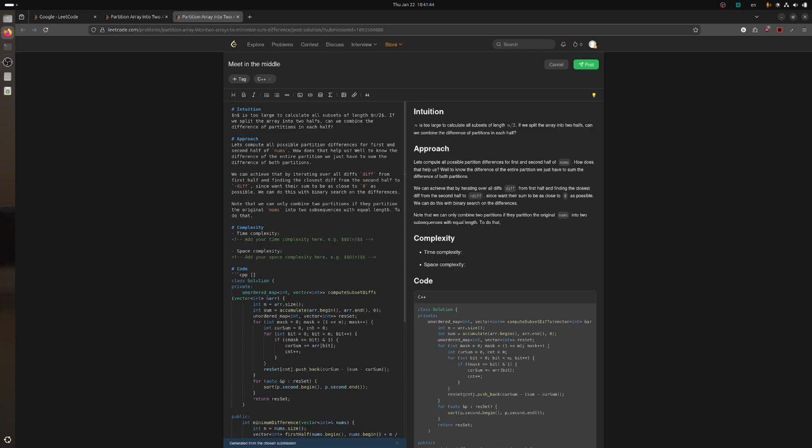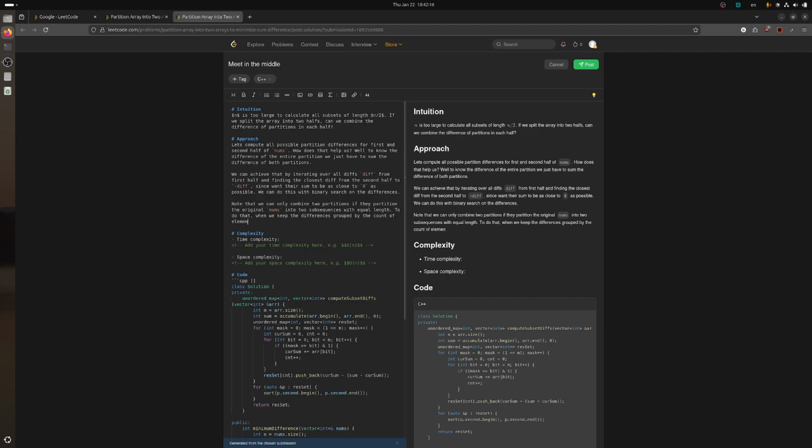To do that, when calculating, we keep the differences grouped by the count of elements in the first partition.